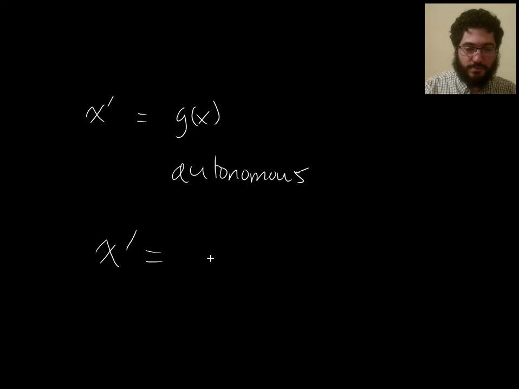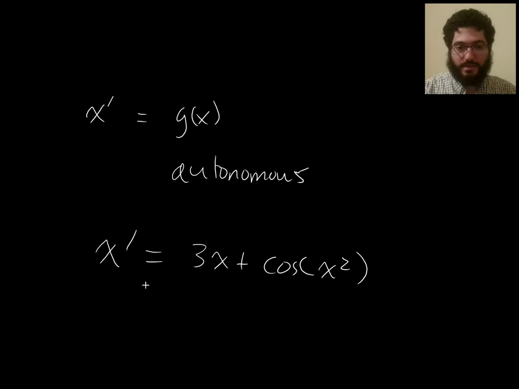So for example, x prime equals 3x plus the cosine of x squared. That's a really gross one, but that's autonomous. There's no t's. As soon as I introduce a t, like plus t, or multiply the whole thing by e to the t or something like that, then suddenly it's no longer autonomous.